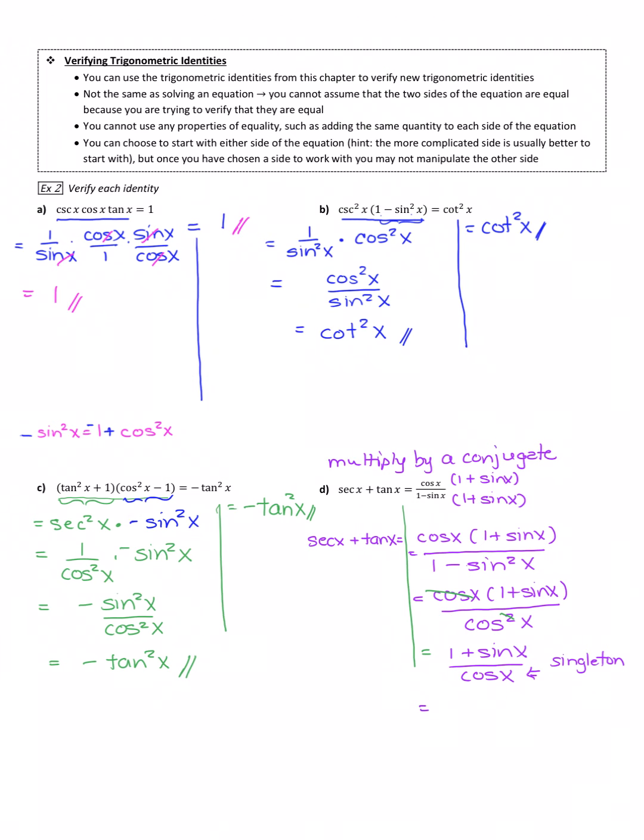When you're adding two fractions, you bring together the two terms in the numerator with that common denominator. Well, if I go backwards, this turns into 1 over cosine x plus sine x over cosine x. It's sort of like distributing that cosine to those two terms. So that's sort of pre-common denominator. But now look at what we have. 1 over cosine is secant, sine over cosine is tangent, and that is what we were after.